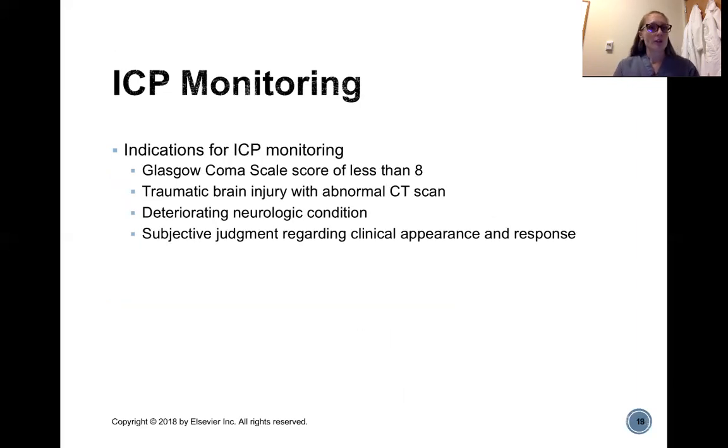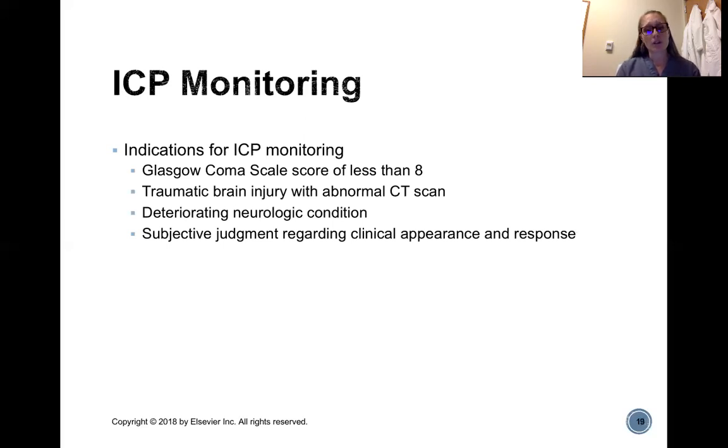So when we're monitoring intracranial pressure, we monitor if we have a Glasgow Coma Scale of less than 8, if we have a traumatic brain injury with an abnormal CT scan, if we have any sort of deteriorating neurological condition, and if we have just anything that we think clinically requires more monitoring.